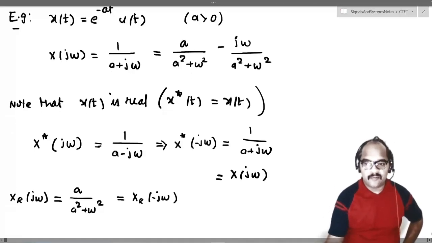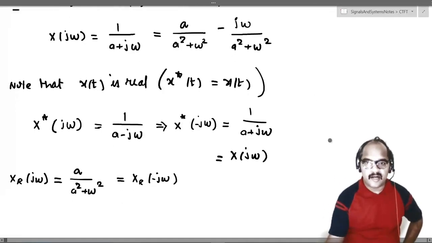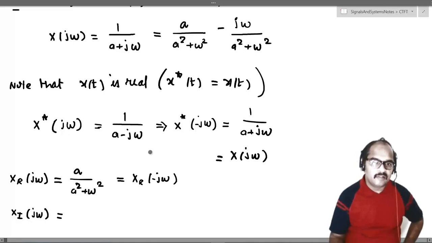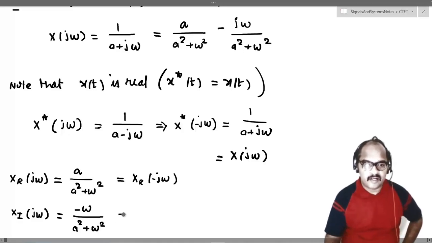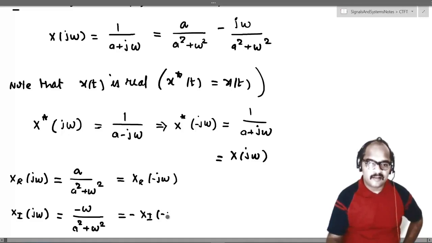And similarly, what happens to the imaginary part? You have the imaginary part, which is xi of j omega, which is equal to how much? The imaginary part would be minus omega by a squared plus omega squared, and you can easily show that this is equal to minus xi of minus j omega.